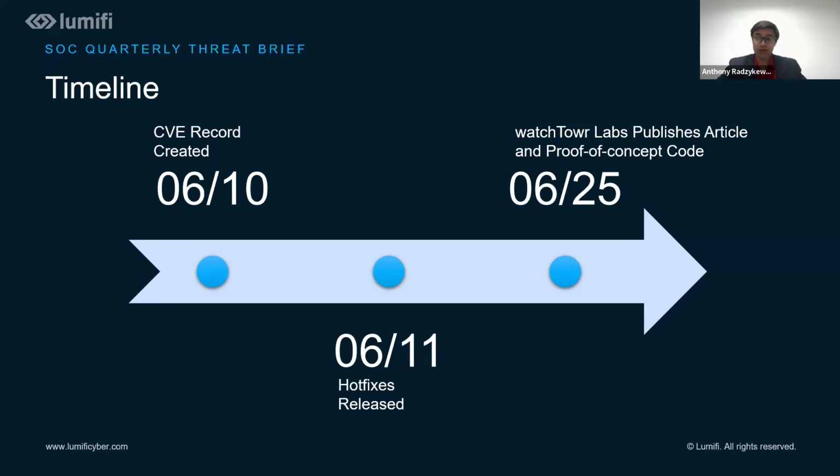The CVE record was created on the 10th, which means that, in my opinion, Progress did a very good job in the responsible disclosure, got hot fixes the very next day after that CVE record was created. And then there was a period of time, 2 weeks, you'll notice, to say, hey, our customer base, please make sure you put these hot fixes in place.